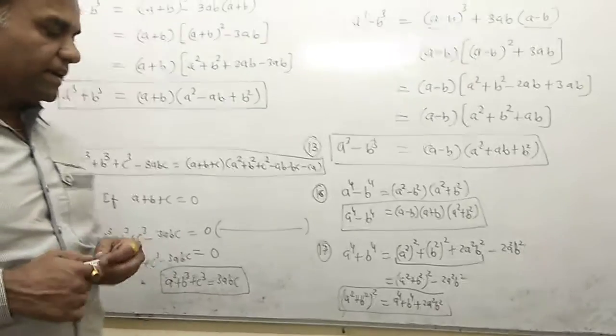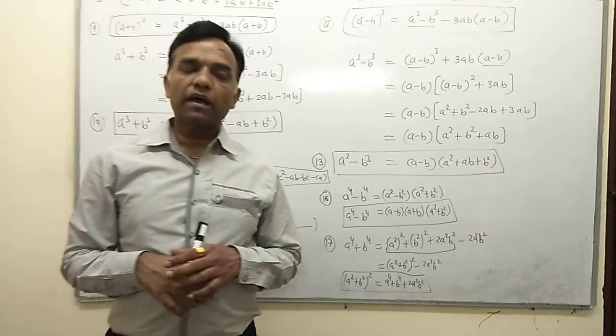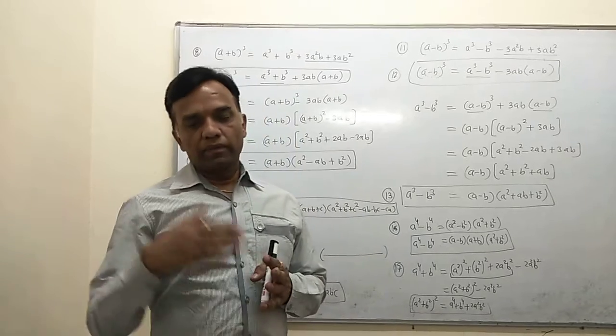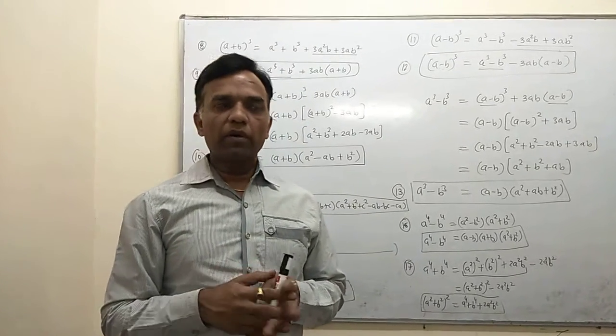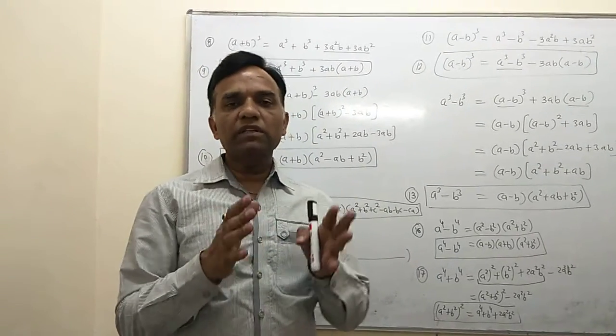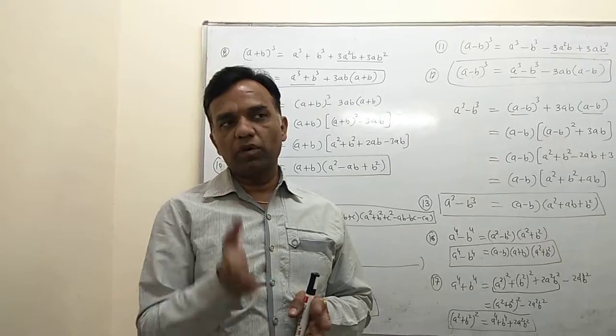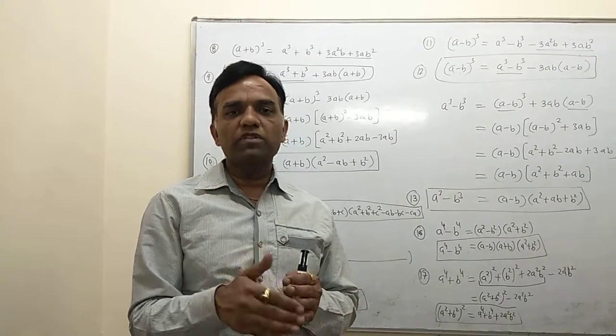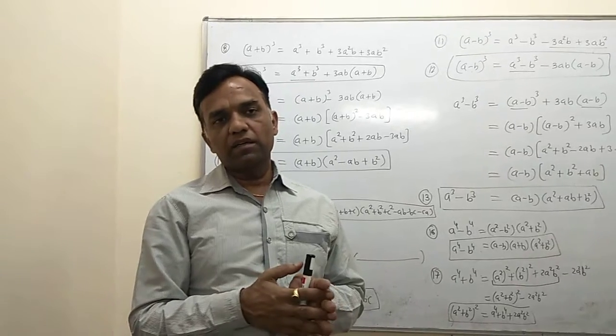Okay, so many identities, so many formations, but they are all related to the basic concept of (a plus b) whole square and (a plus b) whole cube, because you always learn the positive terms first. When you have negative terms, you change the sign of the second term.